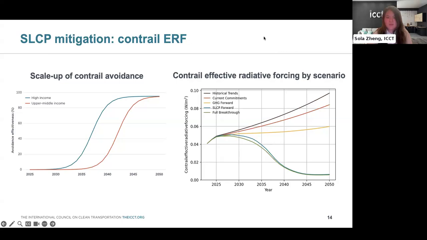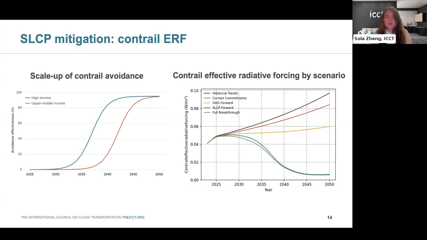And on the graph on the right, you will notice that as a result of avoidance, the SLCP forward and full breakthrough scenarios will achieve a significant level of contrail reduction at about 93% compared to historical trends. But you will also notice that even for the GHG forward scenario, which is the yellow line, there is some substantial mitigation in contrails.